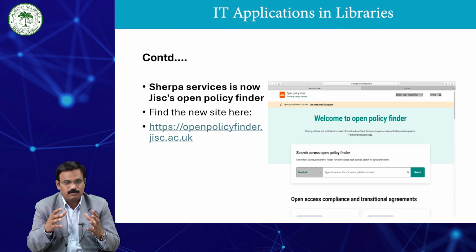So you can visit this website. You will find the Welcome to Open Policy Finder. In the search bar, you can search journals and you will be able to identify the nature of the archiving policies of your journal.